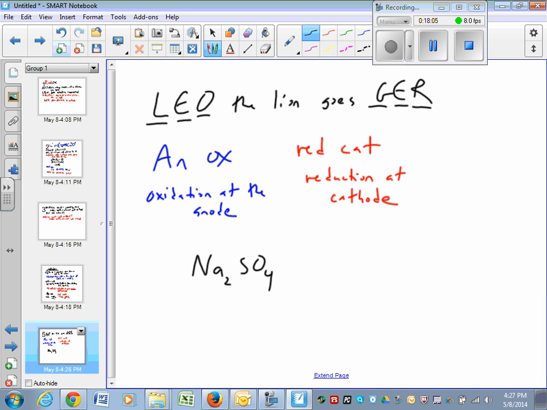So sodium sulfate overall has a charge of 0. And that's equal to 2 times the sodium charge, why 2? Because there are 2 sodiums, plus the sulfur charge, plus 4 times the oxygen charge. There's only 1 sulfur, there are 4 oxygens. That's where those numbers come from.